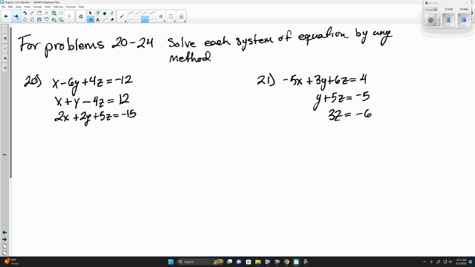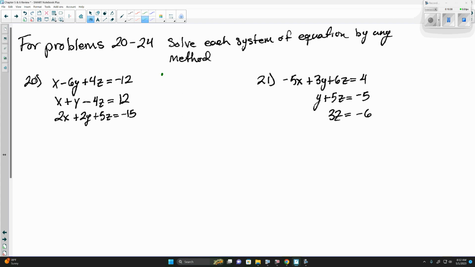One of these that we want to look at. So it says solve by any method.